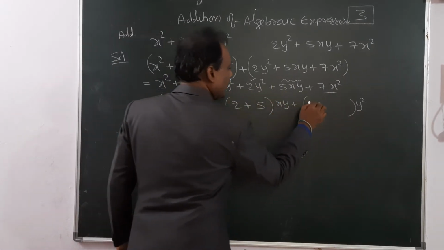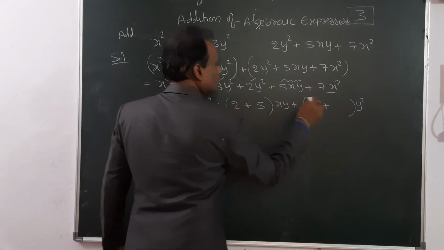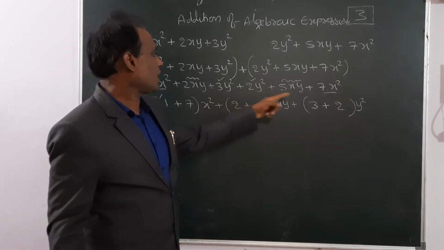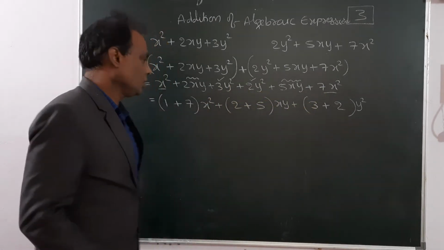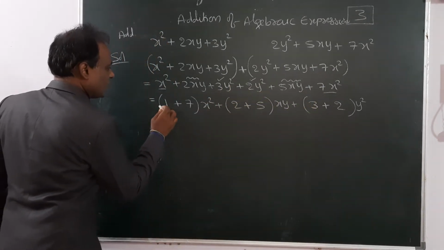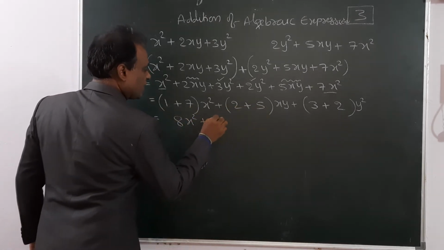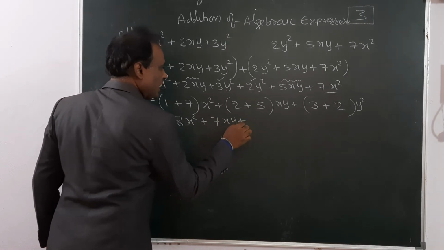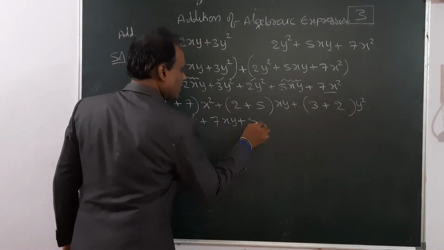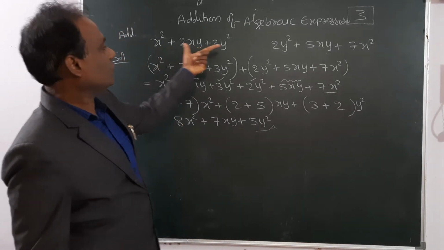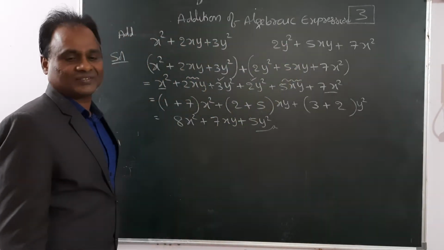This is 3 plus 2. What is the answer? 1 plus 7, 8x square. 2 plus 5, 7xy. Plus 3 plus 2, 5y square. Answer. Two algebraic expressions are added.